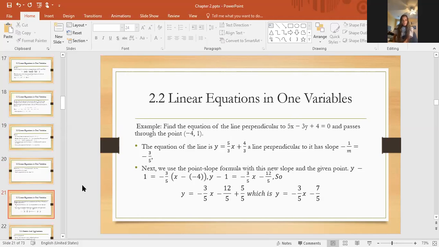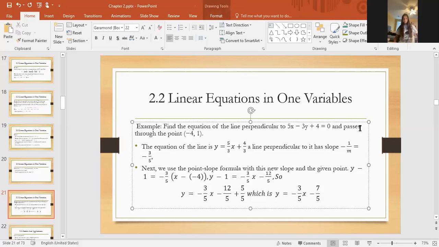Example: find the equation of the line perpendicular to 5x minus 3y plus 4 equals 0 that passes through the point minus 4, 1.